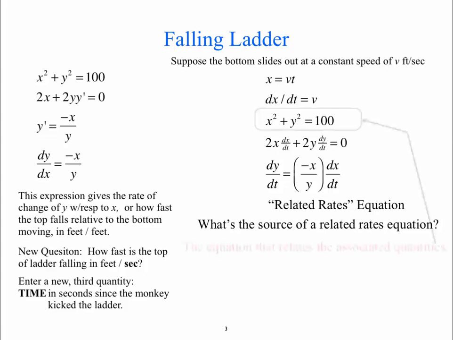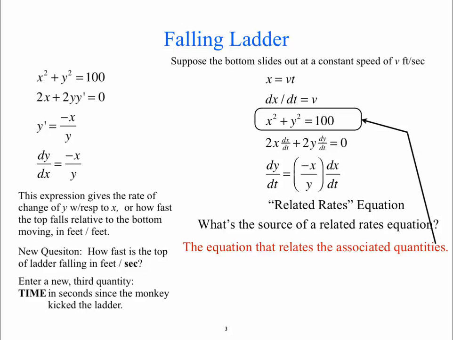X squared plus y squared equals 100. Okay? So the source of the related rates equation is the equation that related the associated quantities that we started with. So we had an equation that related the quantities x and y. By taking the derivative implicitly, we can get the equation that relates the rates, dy dt and dx dt.